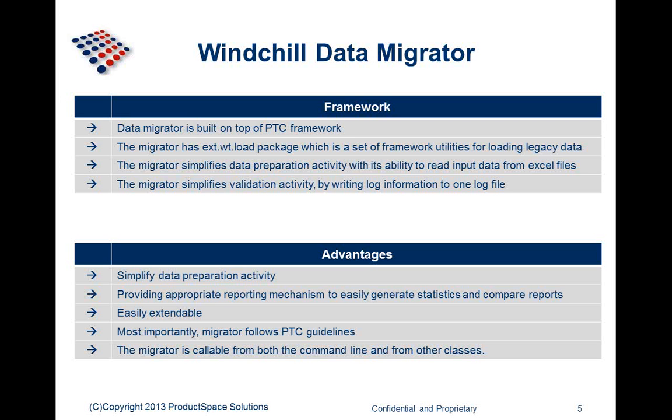This tool reads the input information and then converts it into name value pairs, which are then processed by the object loaders. Object loaders then load the information to the Windchill system, generating the statistics and logging them to an output file. Output and status messages are written to one single log file, which can then be used to generate the statistics.